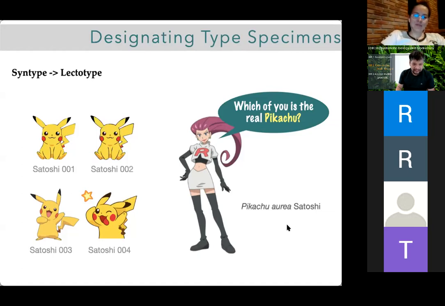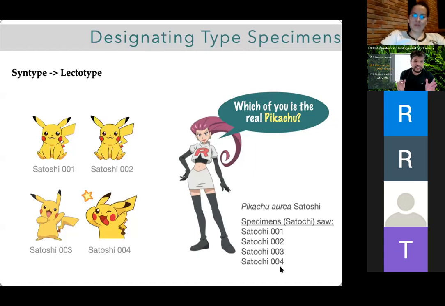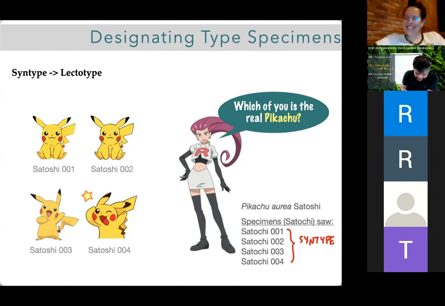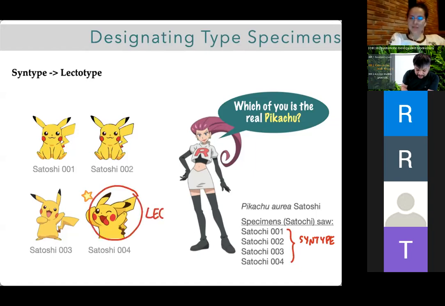And look at Satoshi's description, and Satoshi just lists these four, but Satoshi did not decide which one is the holotype or which are the syntypes. And Jessie comes in and says, okay, since Satoshi is gone now, I gotta pick the right Pikachu, right? So she might say, I like this one, so I'm gonna select you as lectotype.